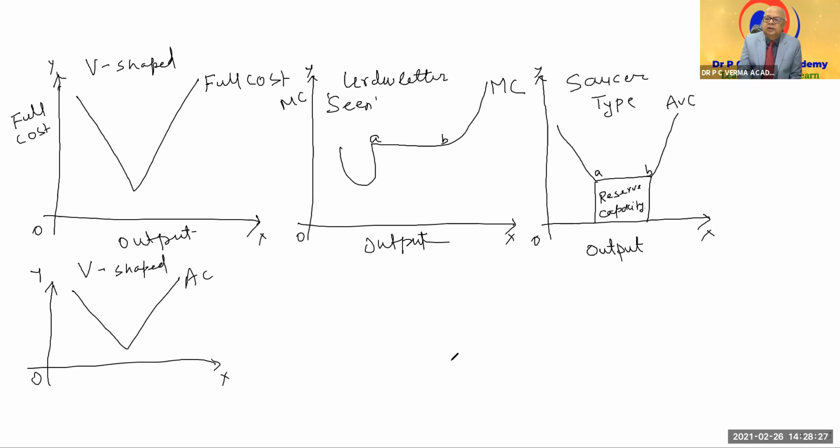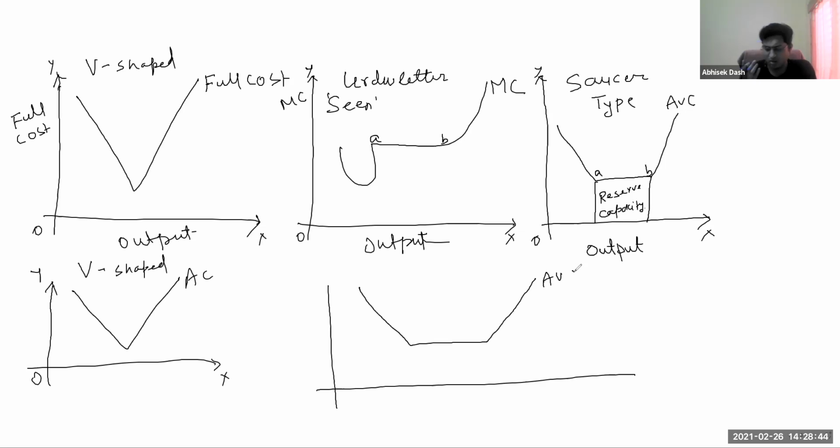If we draw these two, superimposed, this is average variable cost and this is marginal cost.